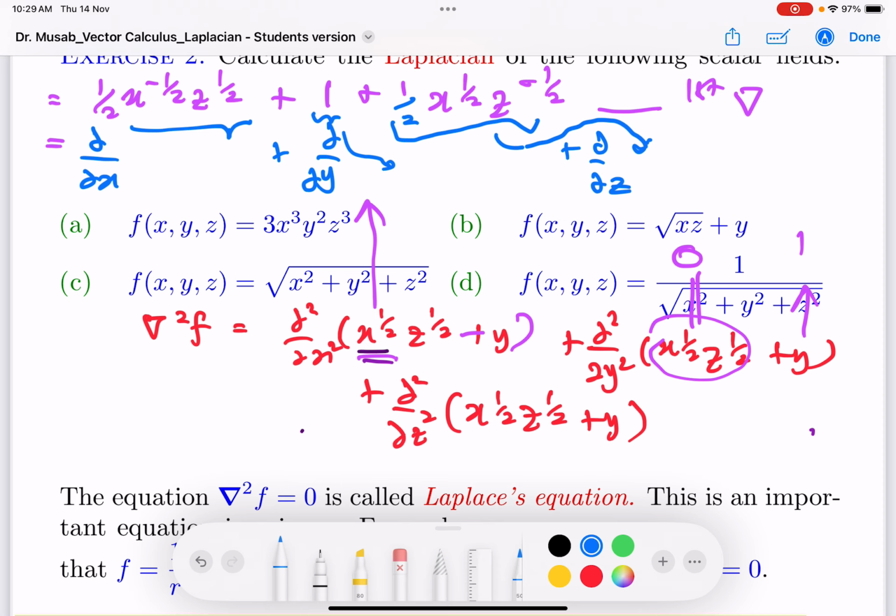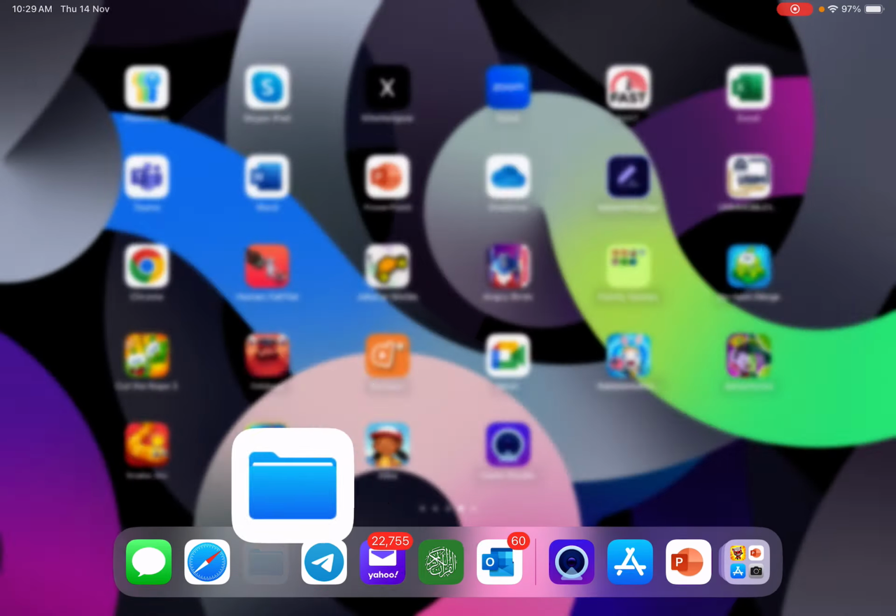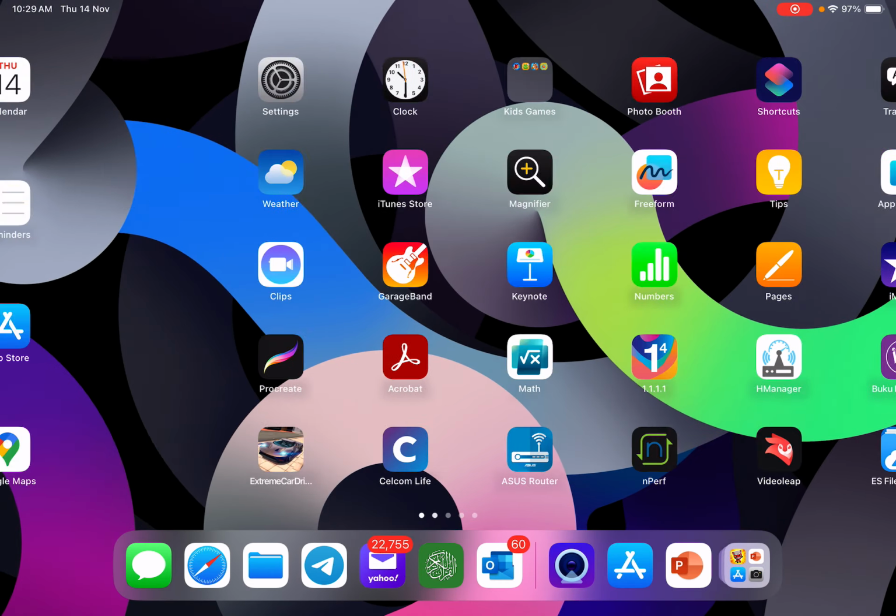Okay, so what do we get? The space is not enough for me, so I think I need to use my notes space here.